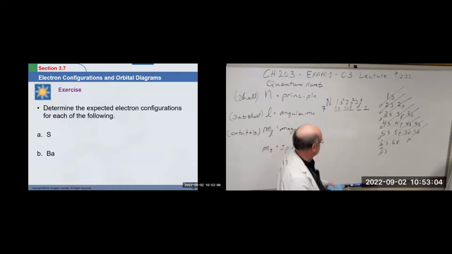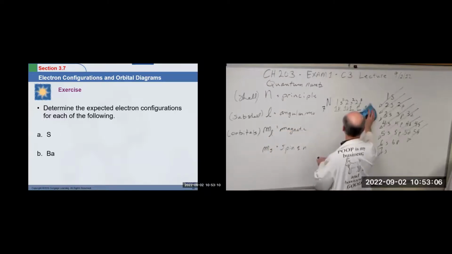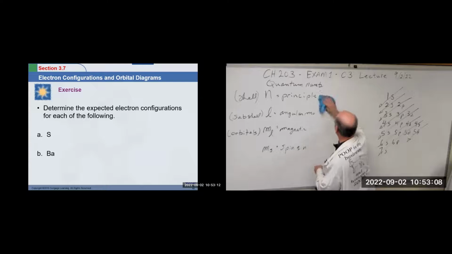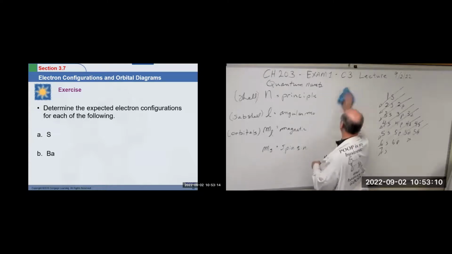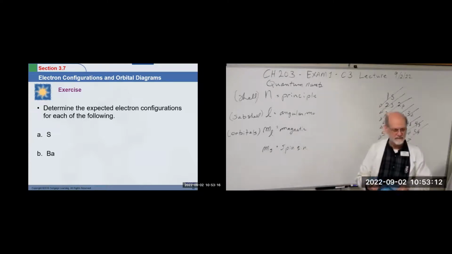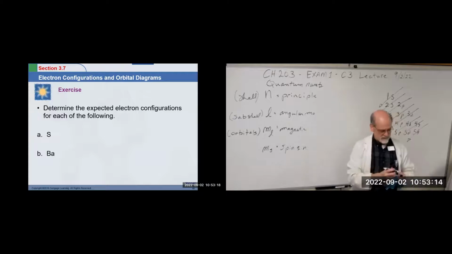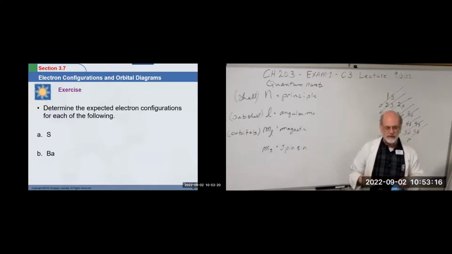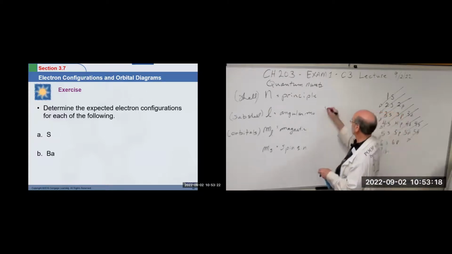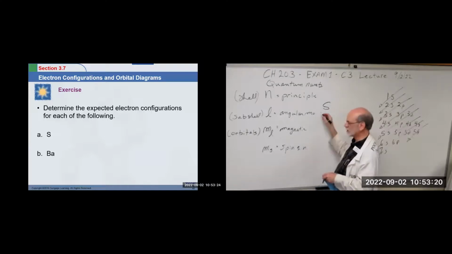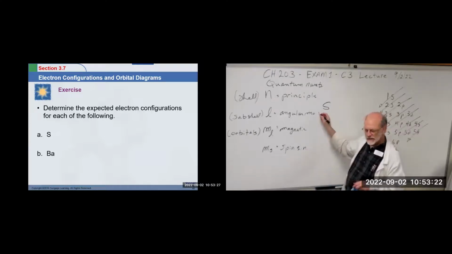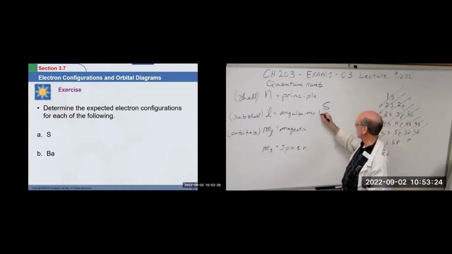How about sulfur? Let's see if we can do sulfur. It's got more protons, doesn't it? What group is sulfur in? It's a chalcogen in the oxygen group. Sulfur, how many protons does it have? 16.